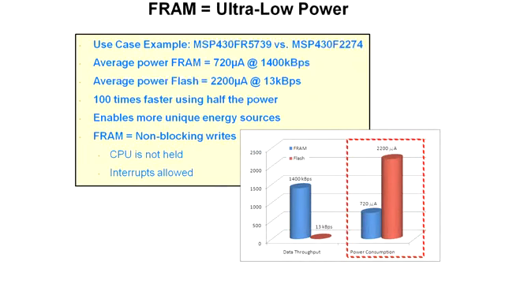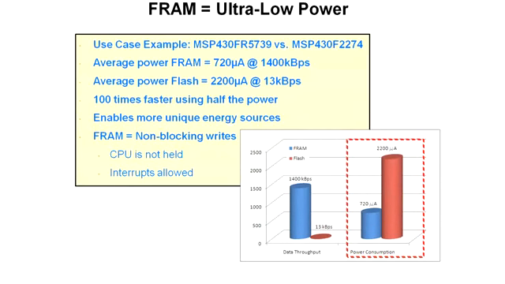Let's take a look at the ultra-low power capabilities of FRAM. Using the same 2 parts, the average power for FRAM is 720 microamps, writing at 1,400 kilobytes per second. Average power in the flash is 2,200 microamps, writing at 13 kilobytes per second.